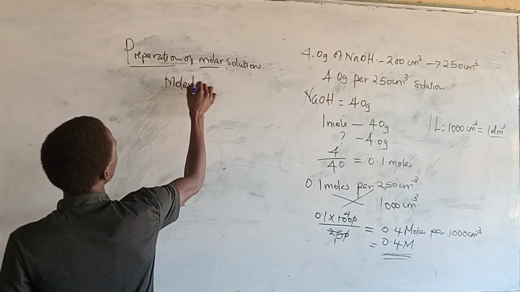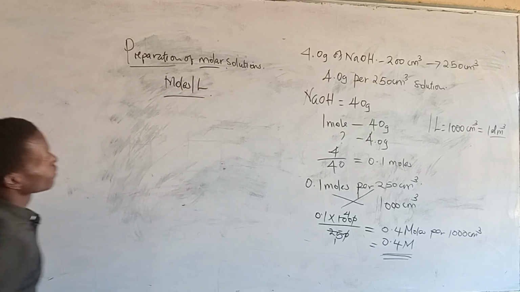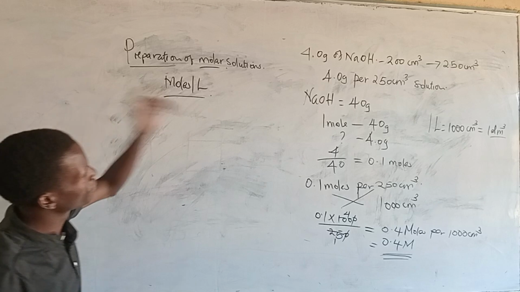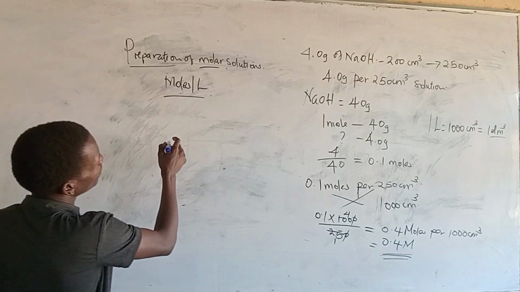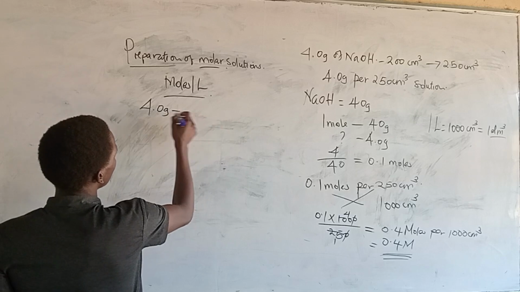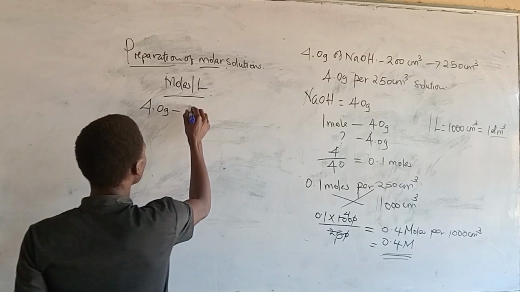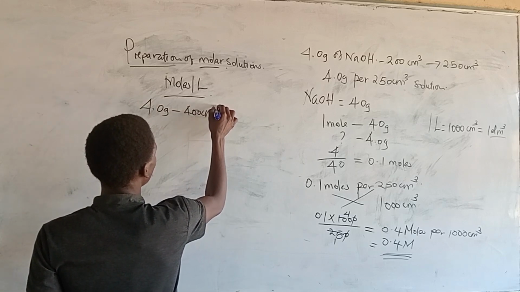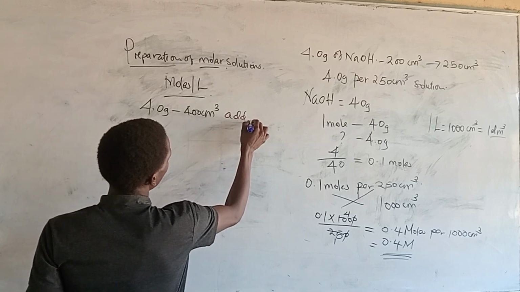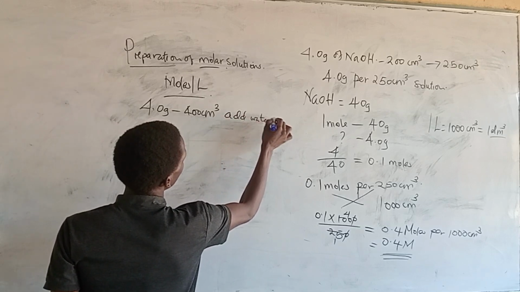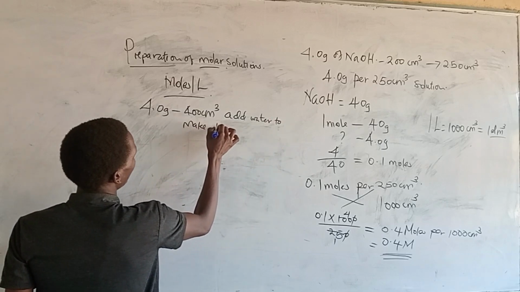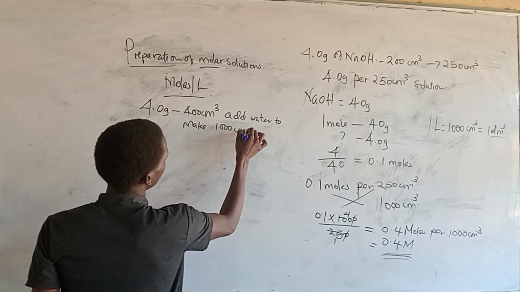For example, if we are working with sodium hydroxide, maybe 4.0 grams, we dissolve this in 400 centimeter cubed. Then after that, we add water to make 1 liter, which is 1,000 centimeter cubed.